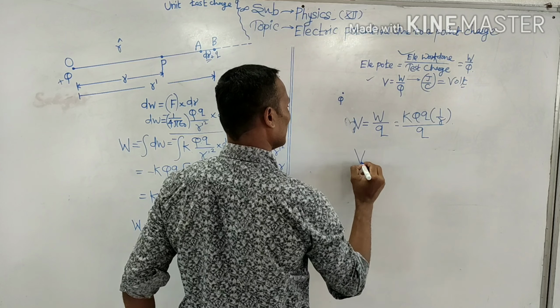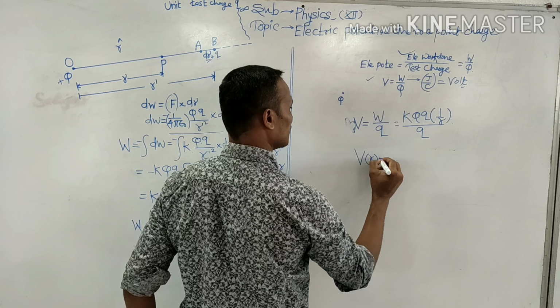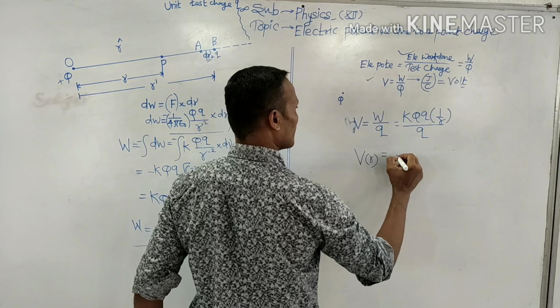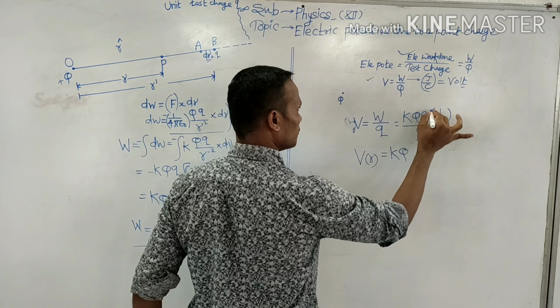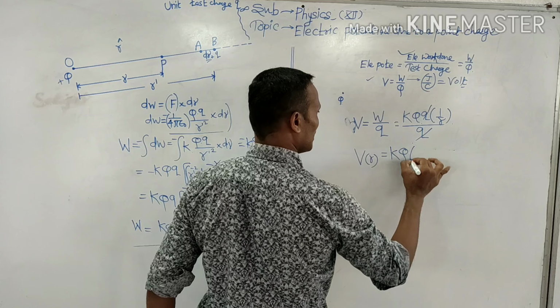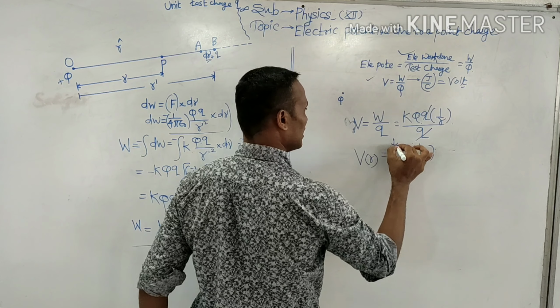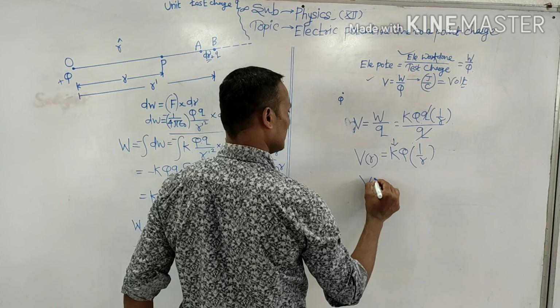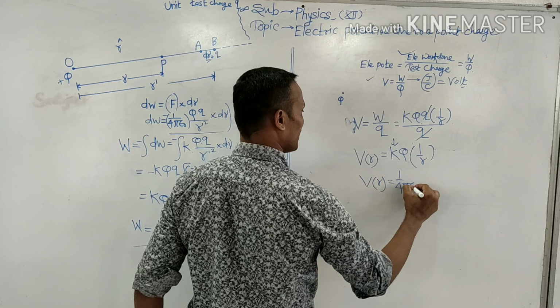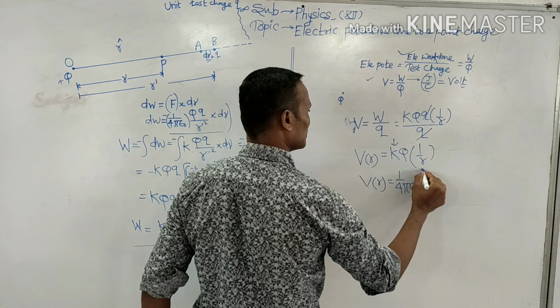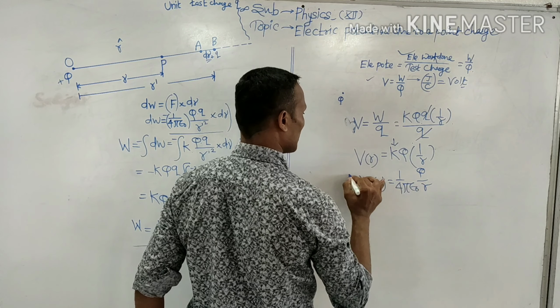So finally we have electric potential, which is a function of distance or position, is K, Q, this Q goes away, into 1 upon R. Let's keep the value of K, we'll get electric potential as 1 upon 4 pi epsilon naught, the charge upon R.